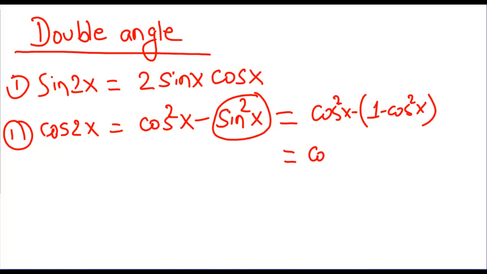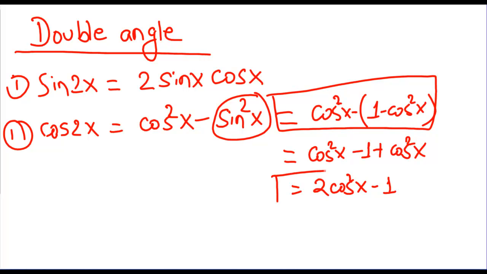Now this becomes cosine square x minus 1 plus cosine square x, which gives me 2 cosine square x minus 1.